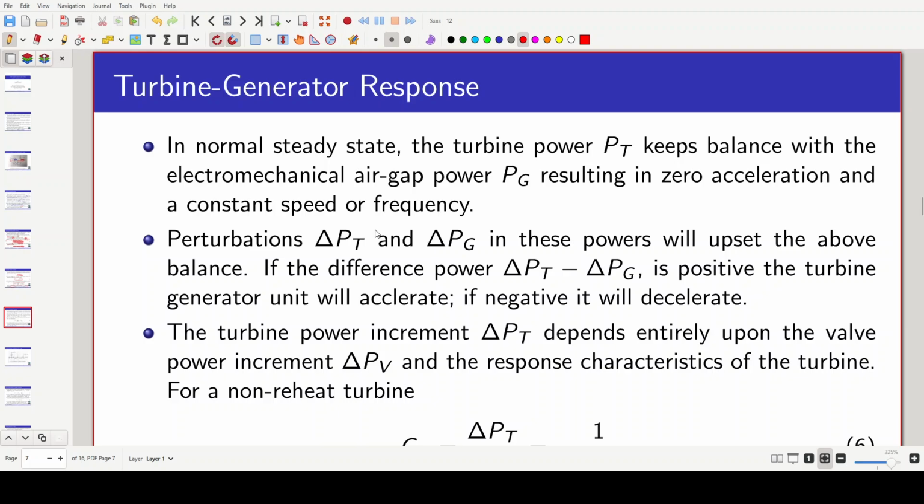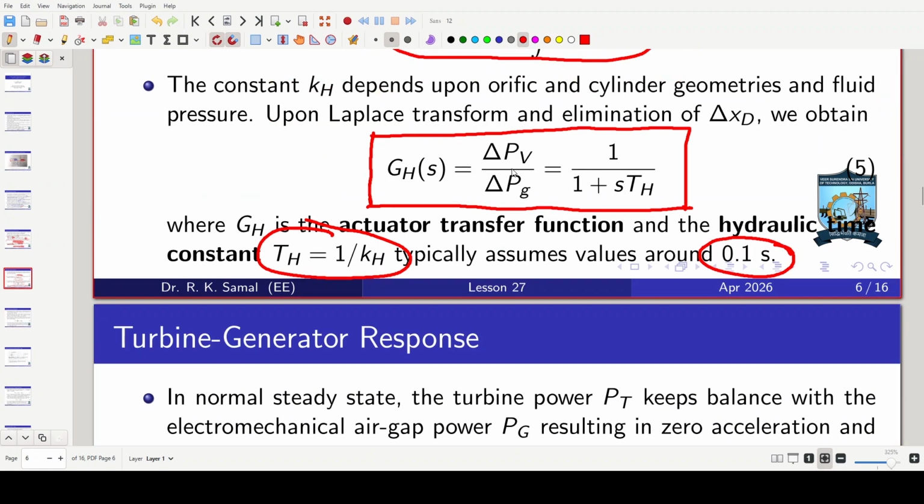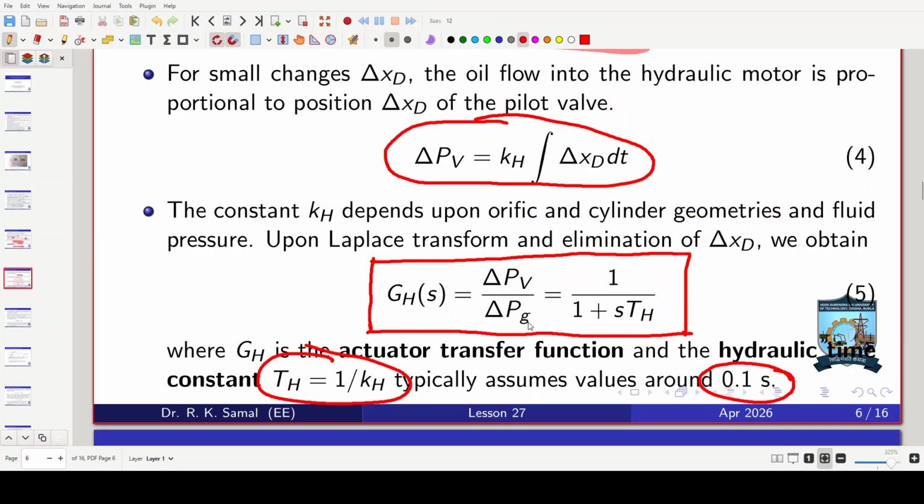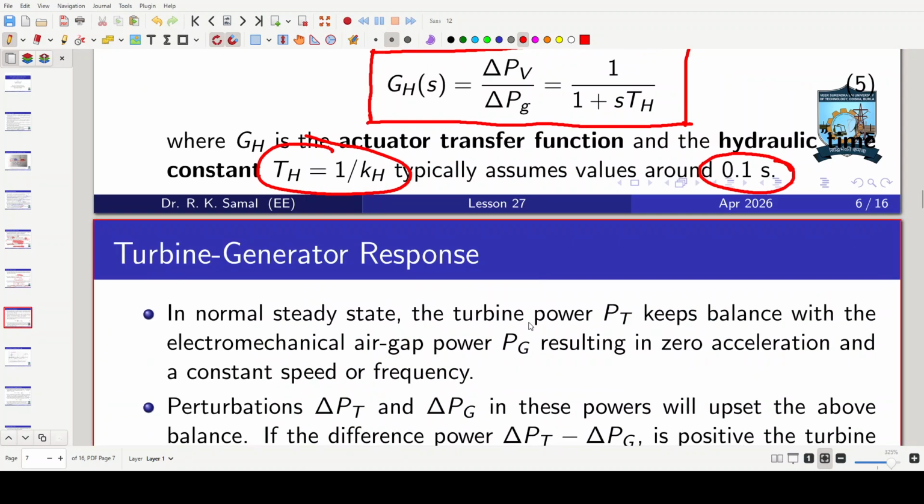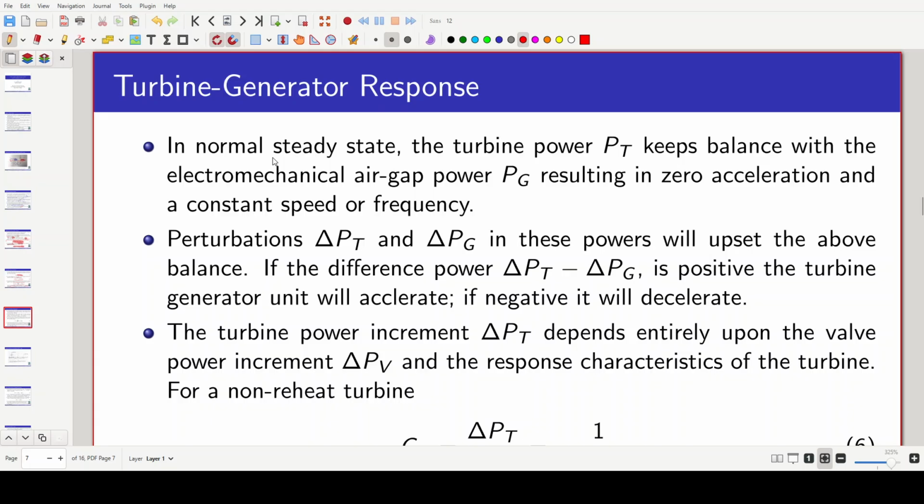Now next we go to the turbine. This is the valve and generator, the relationship between valve and generator. Now we come to the turbine generator response. In normal steady state, the turbine power PT keeps balance with the electromechanical air gap power PG, resulting in zero acceleration and constant speed or frequency. Perturbations delta PT and delta PG in these powers will upset the above balance.